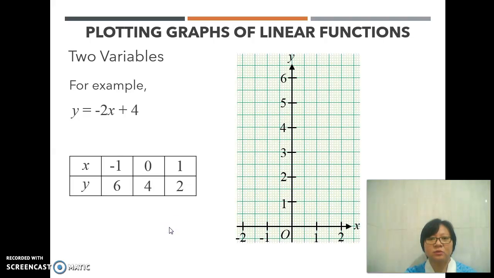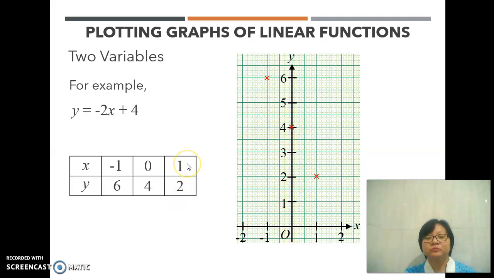It's time to plot the graph. Plot the points on the graph. The first point, -1, 6. It means go to the left 1 step and then go up 6 steps. And then the second point, 0, 4, no horizontal movement from the origin, go up 4 steps.